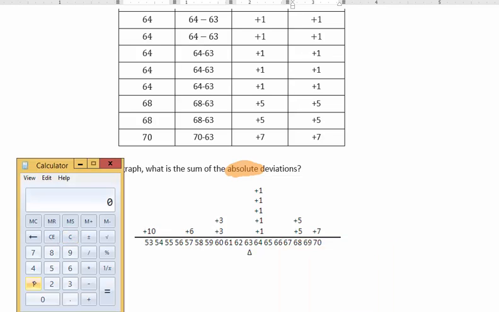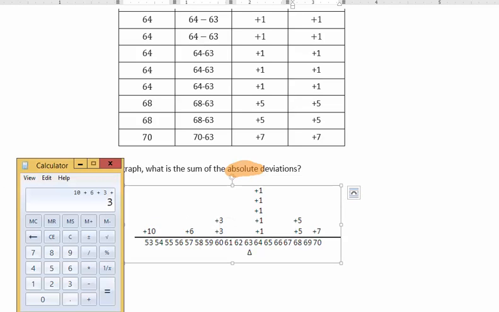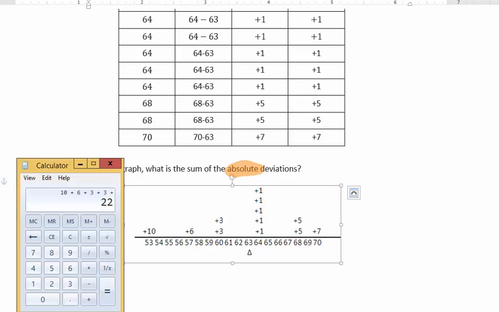I have a 10 plus a 6 plus 3 plus 3. Notice how there's two 3s. Then plus, there's 1, 2, 3, 4, 5 ones.